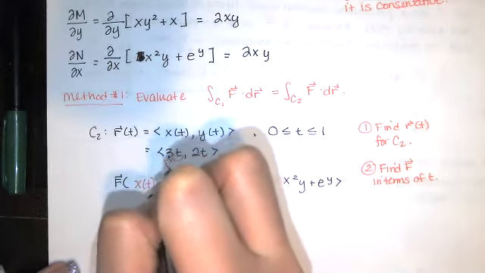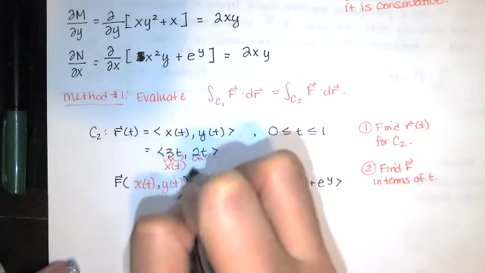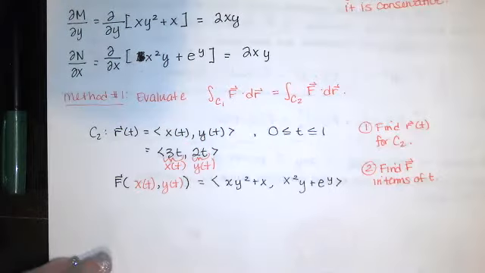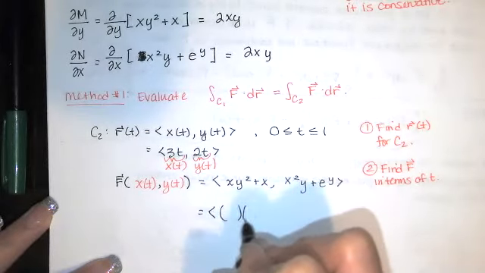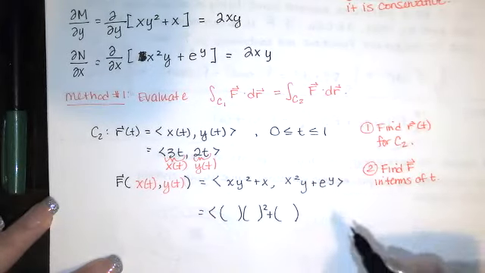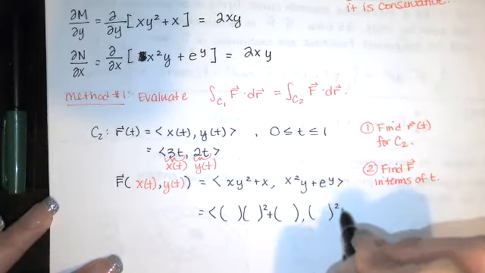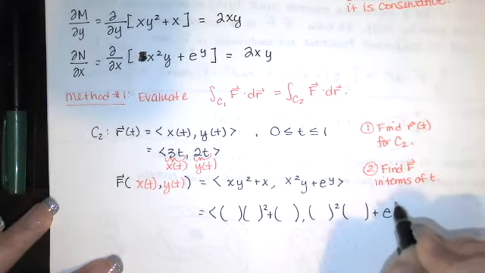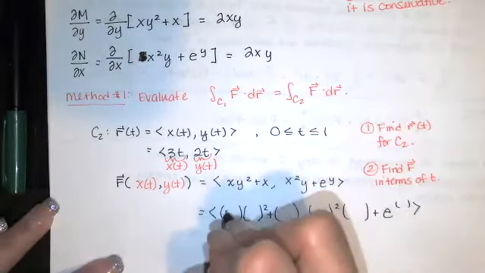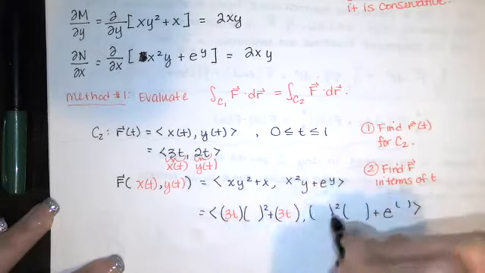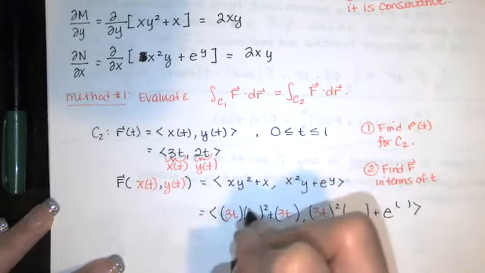And x of t is 3t and y of t is 2t by design. So I've got x times y squared plus x, and then x squared times y plus e to the y. And x is 3t, and y is 2t.